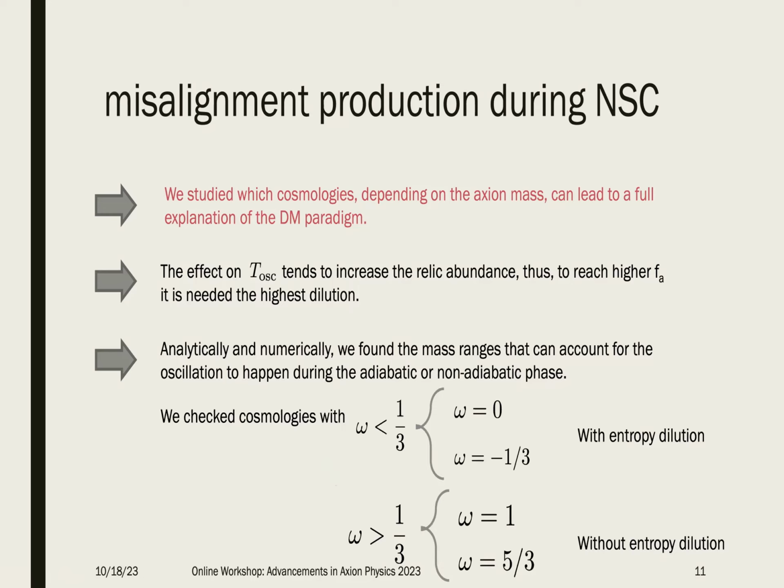So we check cosmologies with entropy dilution, which would be omega equals 0 and omega equal to -1/3, and without entropy dilution, so omega equal 1, which is known as kination, and omega equal to 5/3.